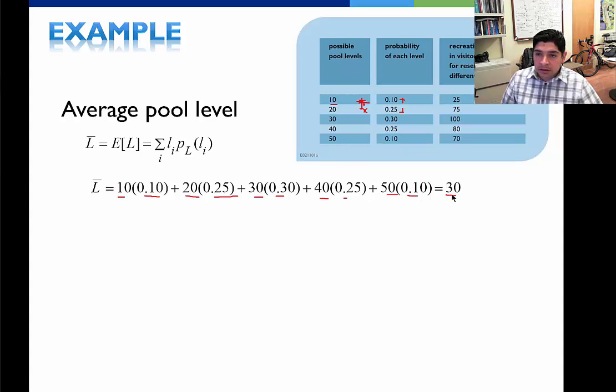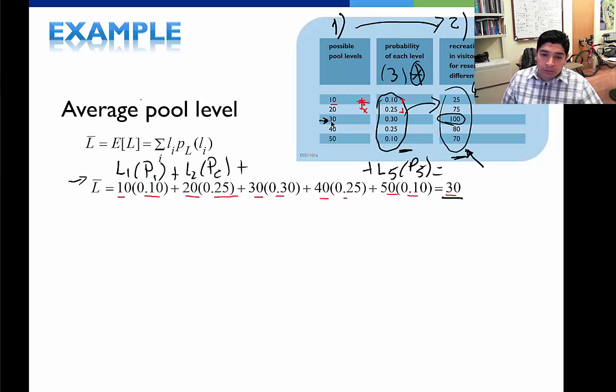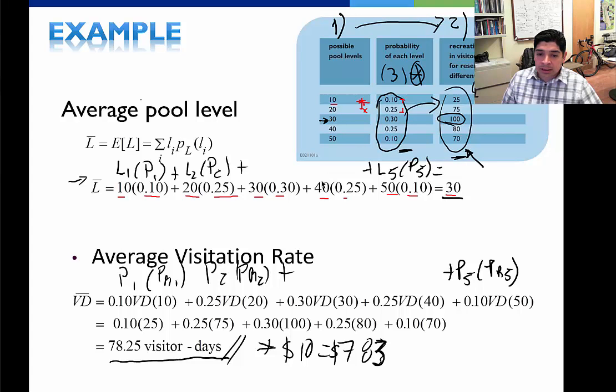So at the end, the average pool level is 30 feet.